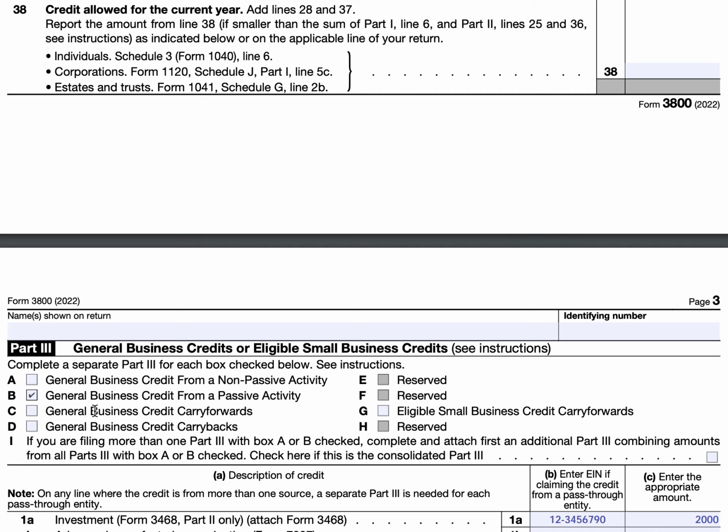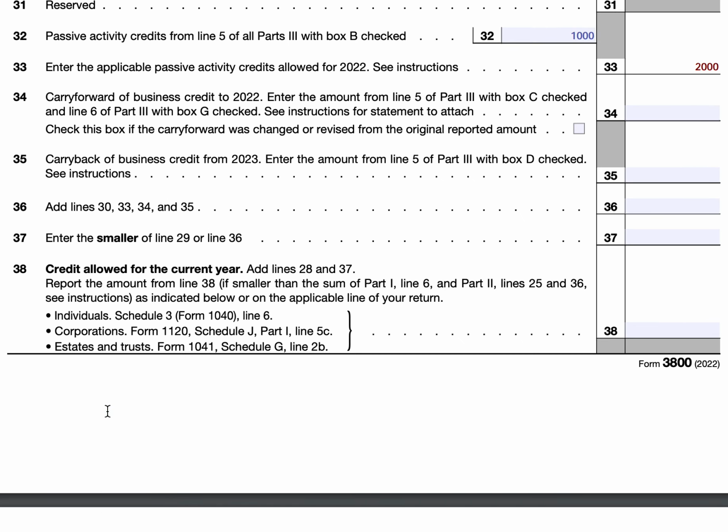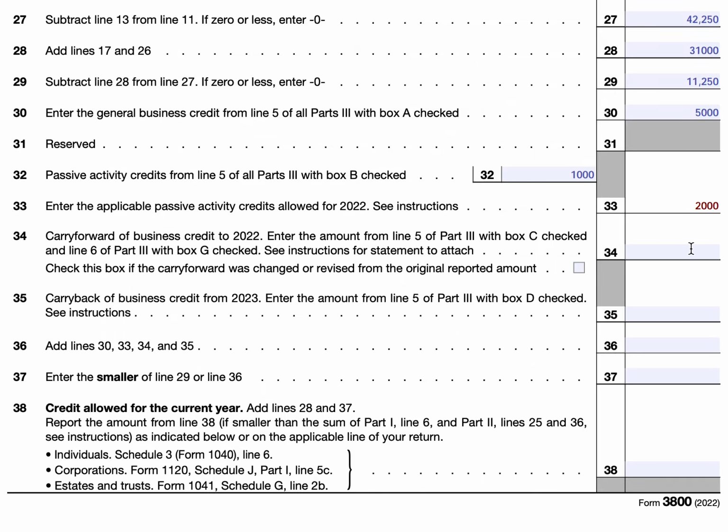Box C is general business credit carry forwards. So we'll just say that there's $1,000. Again, check the box if the carry forward was changed or revised. And then carry backs, we'll enter carry backs, which would be in any part 3 with box D checked. So let's just say that there was $1,000 of carry backs.